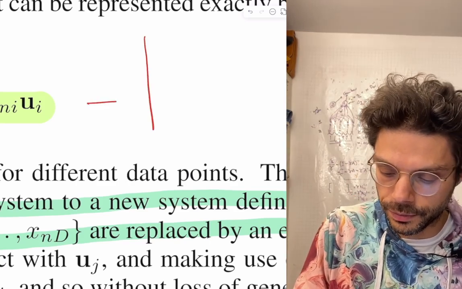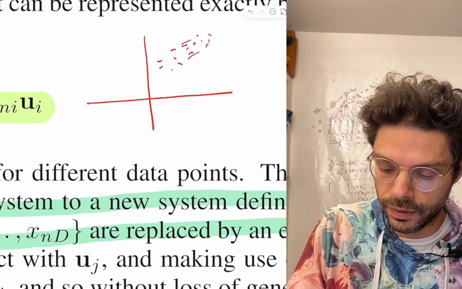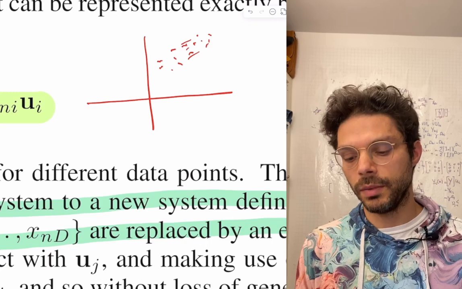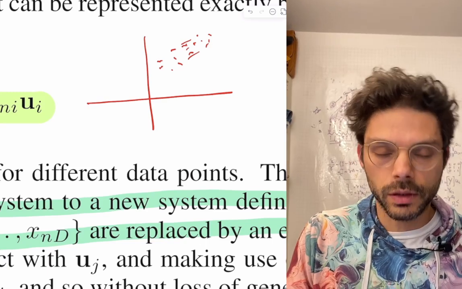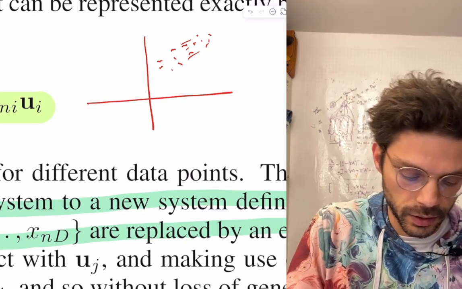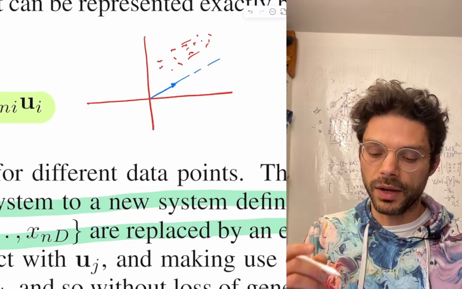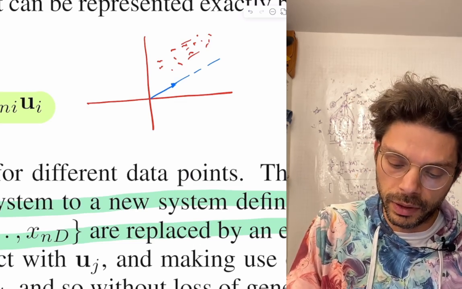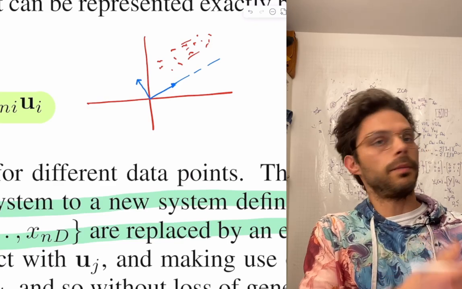Okay, so let's say we have a little cloud of points. What we're going to do is approximate these points. For each one of these points, we're going to find a direction in space, and let's call that a different color, so that we can approximate these points as their projection onto this direction plus their mean value along all the remaining directions.